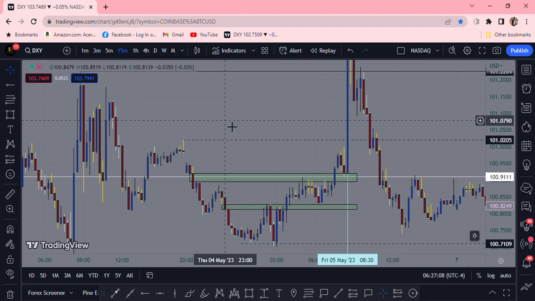I'm just putting it in simple terms for you guys to understand: when the dollar goes up, the currency pair goes down, and vice versa. When the dollar goes down, the currency pair goes up.